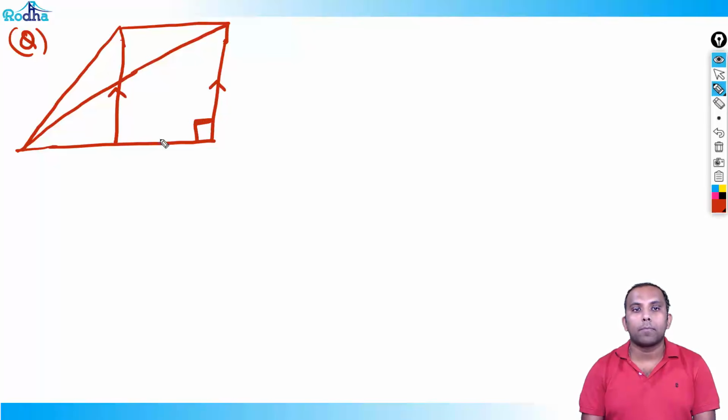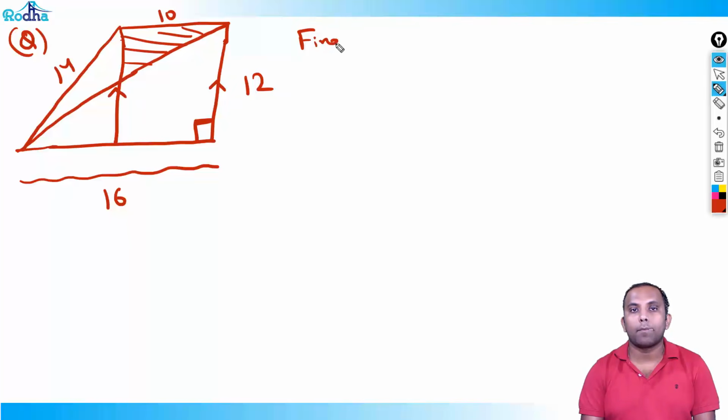Okay, now see. This is 12. This is 16. This is 14. This is 10. Okay. We need to find the area of the shaded region.